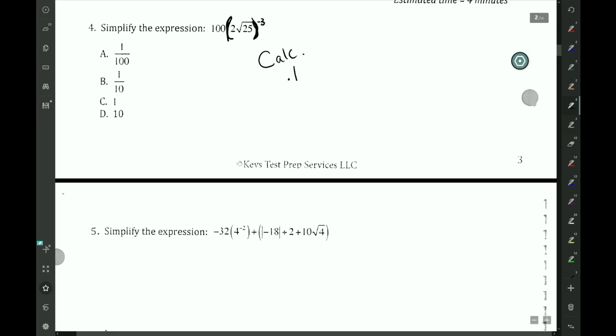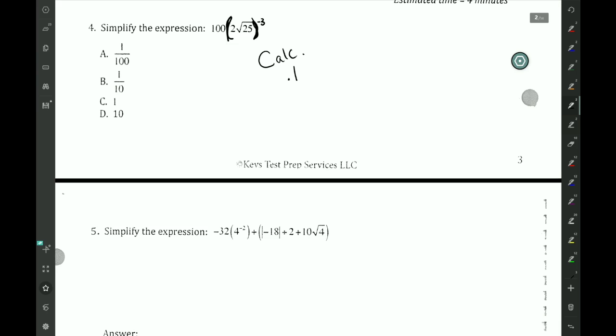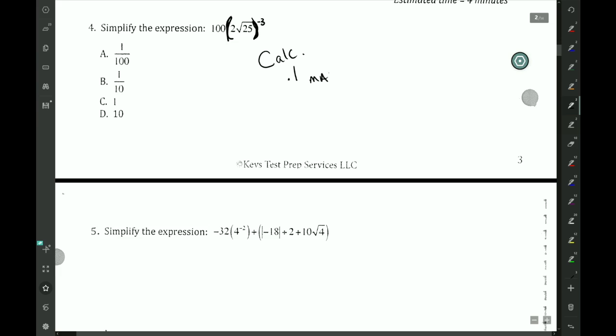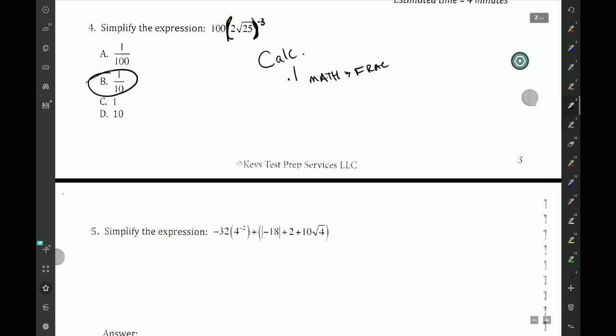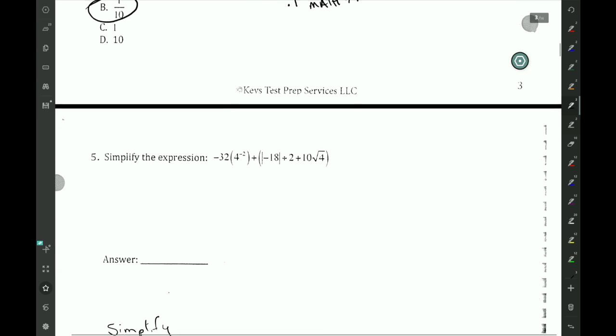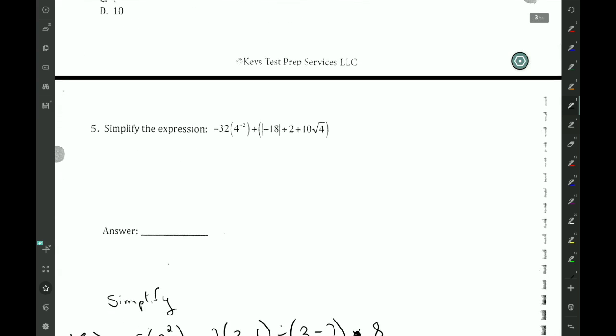Again, though, if you want to use your mind, which is certainly encouraged, you can also do that. 0.1, if you hit math and enter, fraction, you get 1/10. Okay, students think that calculators are cheating, but really it's using your resources, which is really okay.